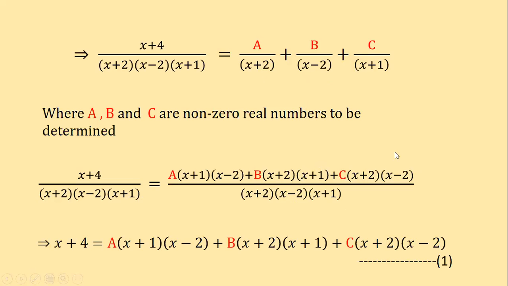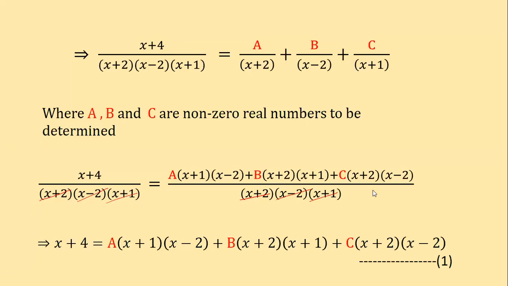Plus c, here we have denominator x plus 1, so the c should be multiplied with the other two factors, (x plus 2) into (x minus 2). Okay. Like in the previous example, the terms in the denominators, x plus 2, x minus 2 and x plus 1, are cancelled.